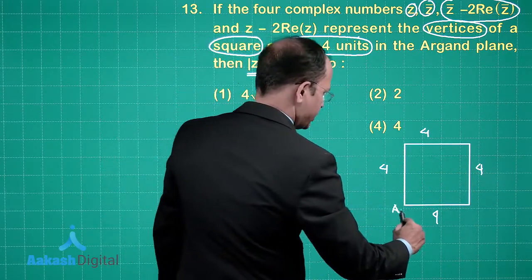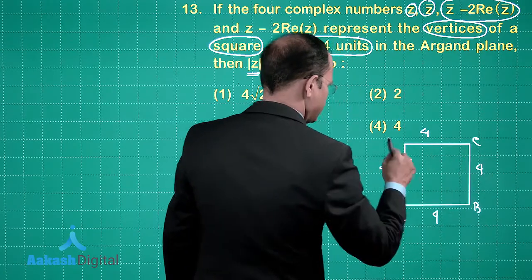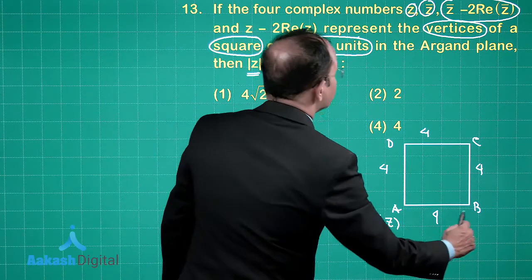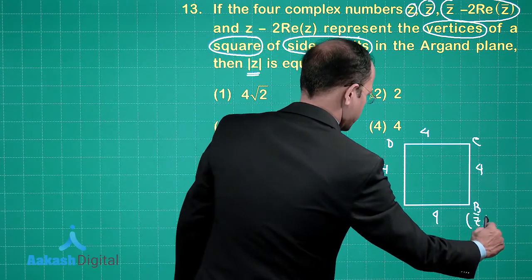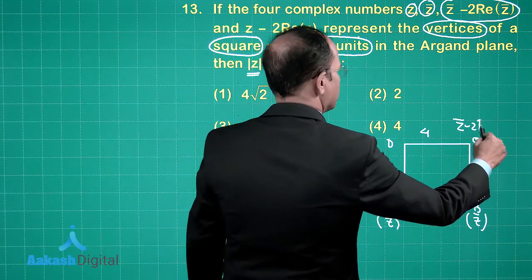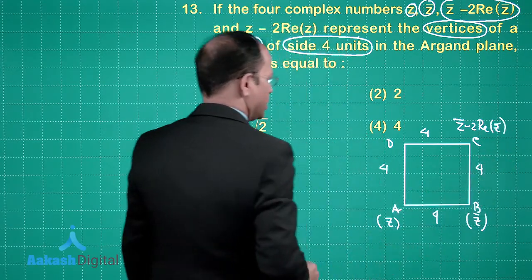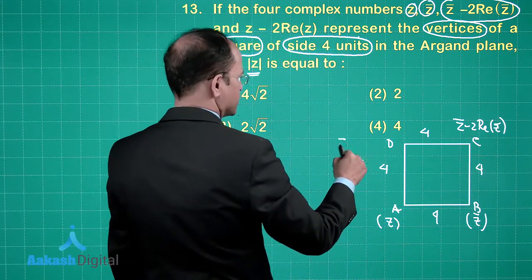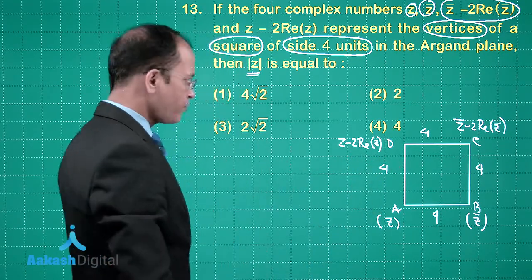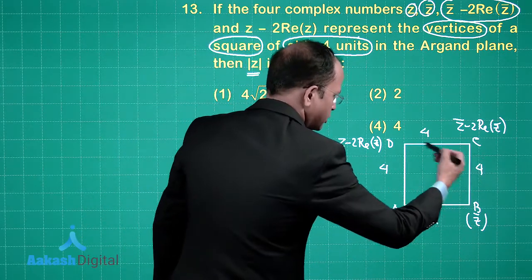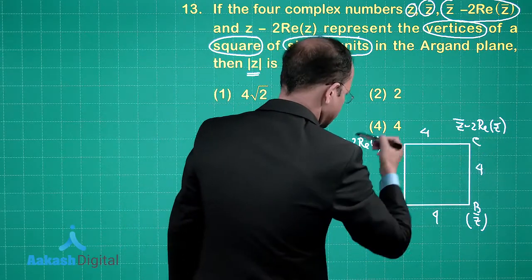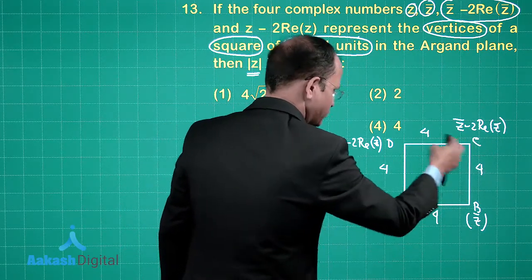We have been given A, B, C, D. A is Z, B is Z bar, C is Z bar minus twice the real part of Z bar, and D is Z minus twice the real part of Z. So these are the specific complex numbers which are the vertices.